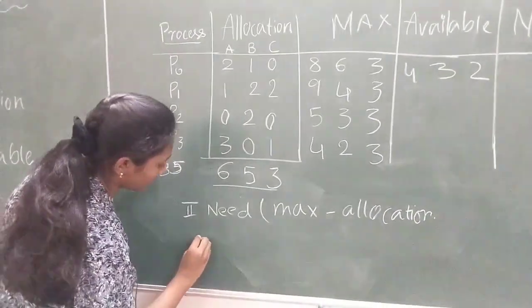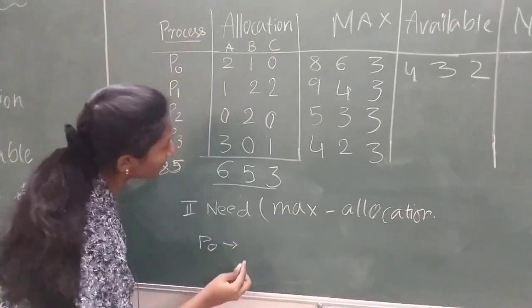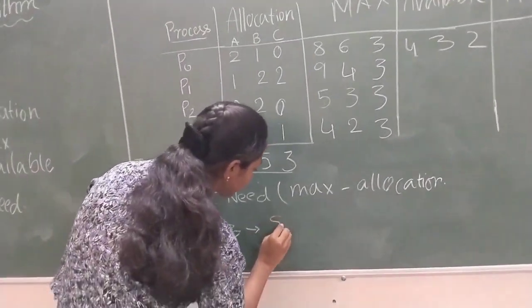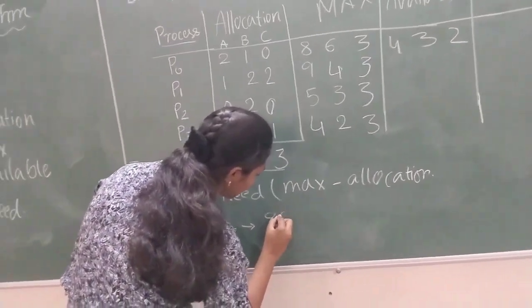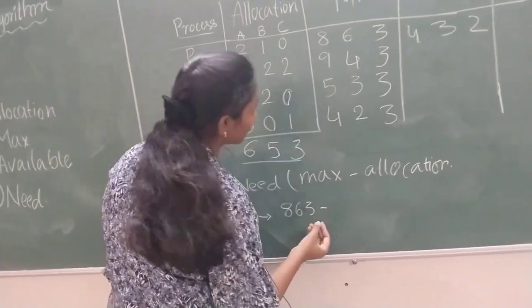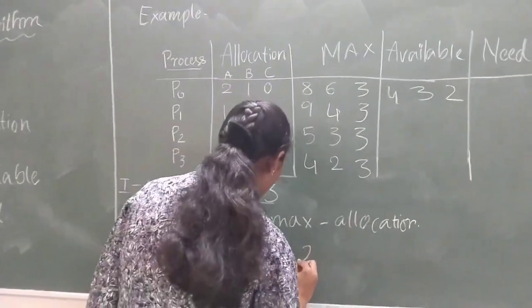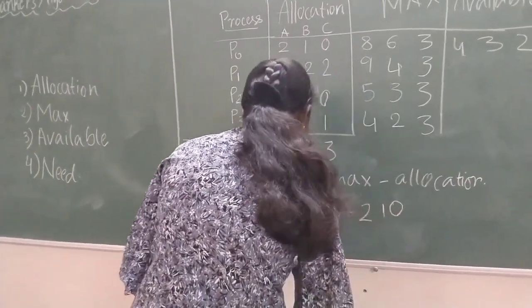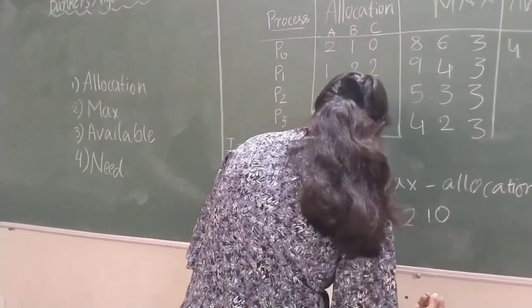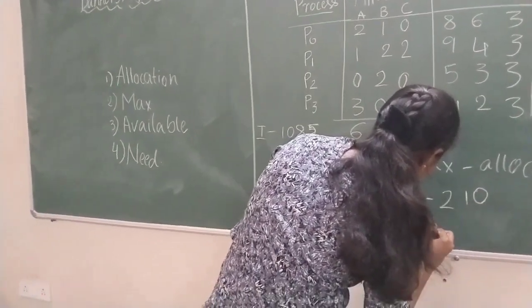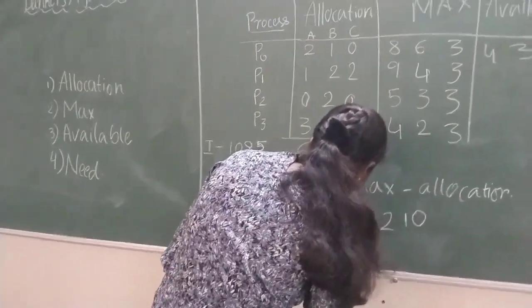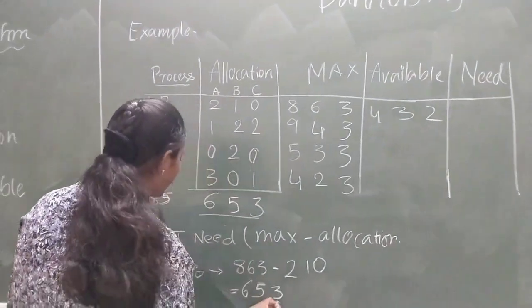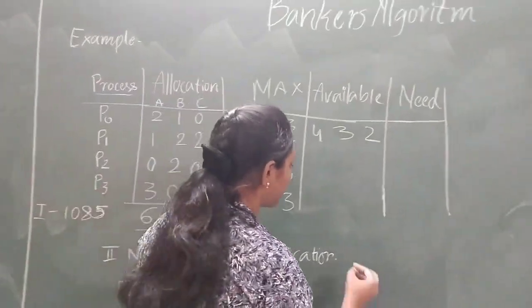So the first process is 863 minus 210, which equals 653.